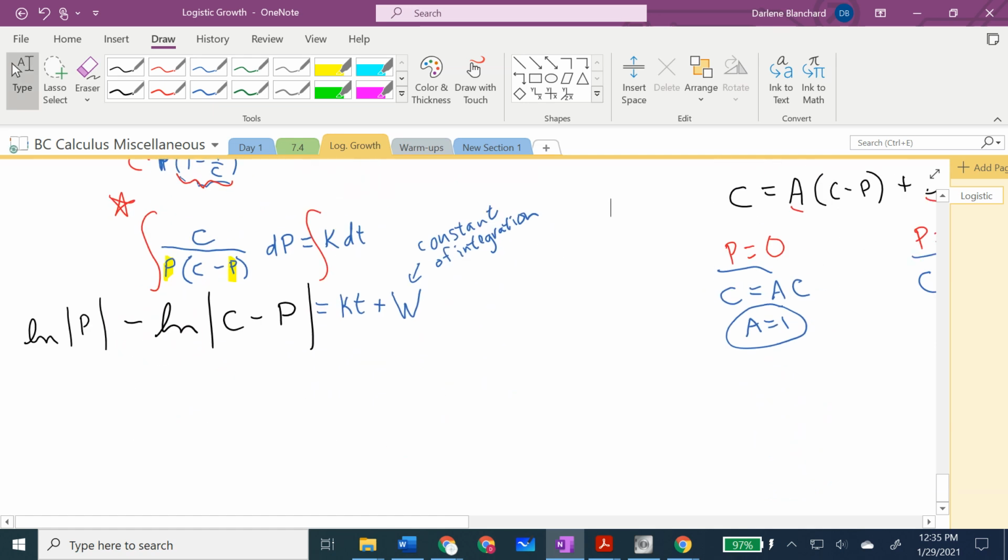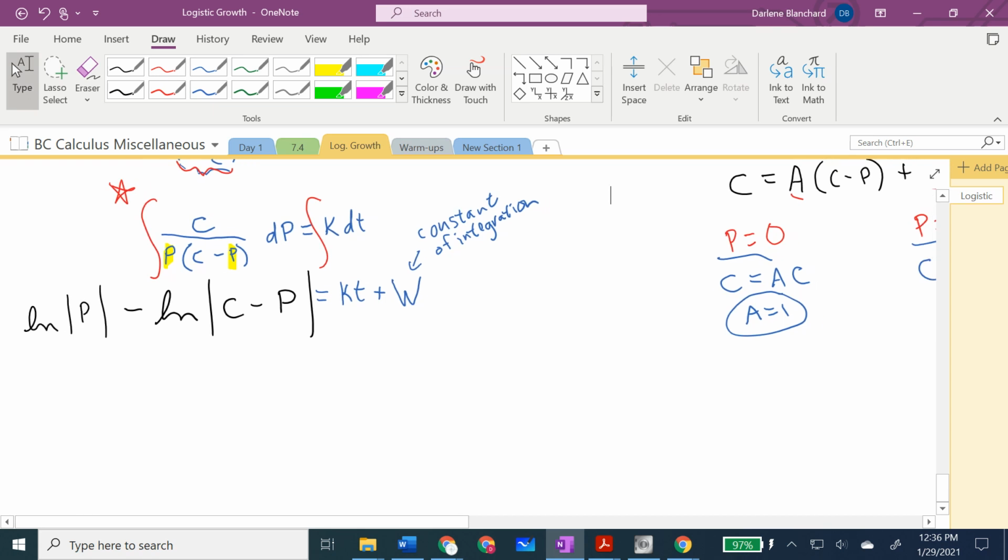Now we have solved the differential equation, but we have not solved for p as a function with respect to time. That's our next step. Do you see what is going to be the next big thing?